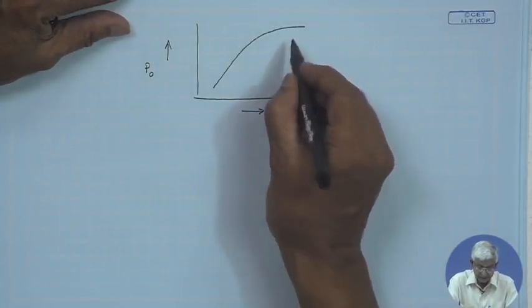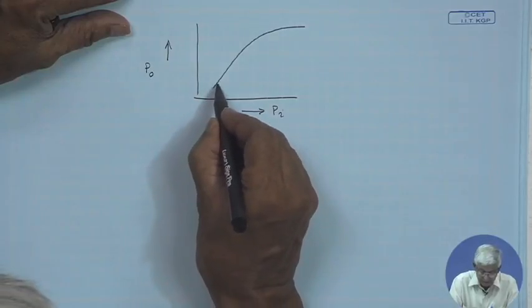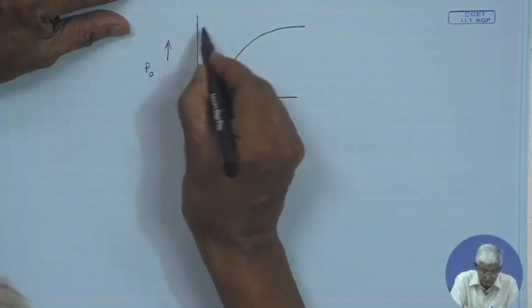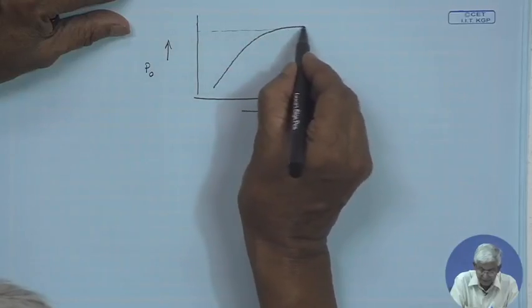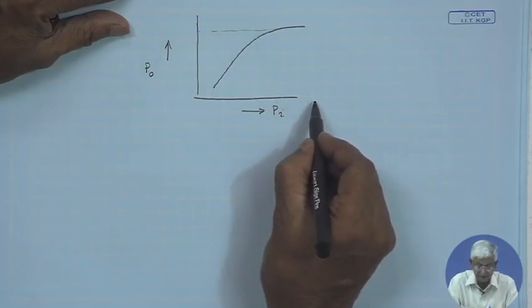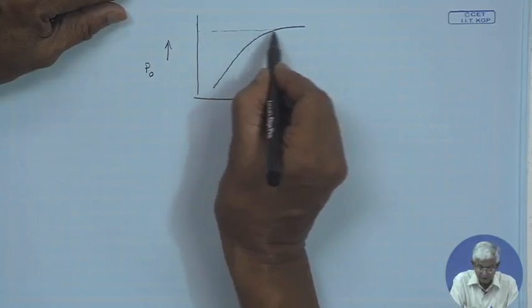You can see that at some point of the input, the output power gets saturated, it gives a constant value. So, with more increase in the input power, the output power does not increase.